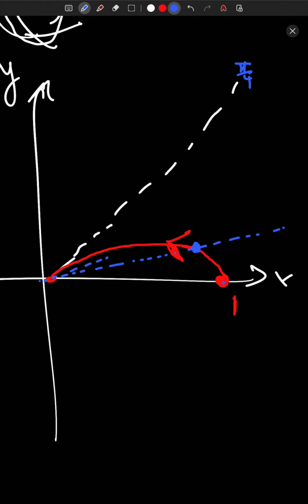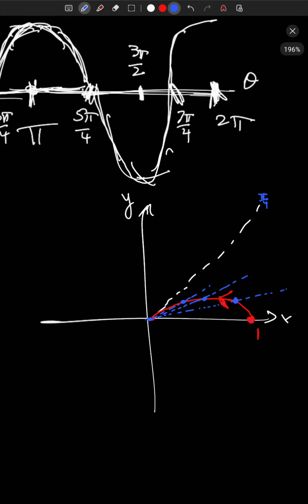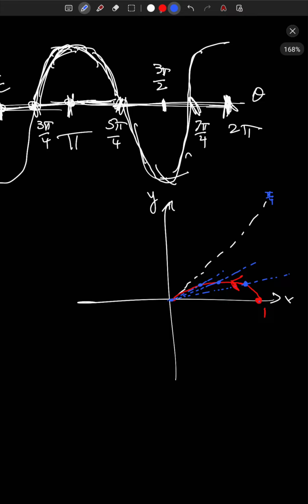Here's another one, and my distance to the origin is even smaller. Here, it's even smaller. As my angle gets bigger towards pi over 4, my distance to the origin is getting closer and closer to 0. So this makes sense as a rough picture for my graph.